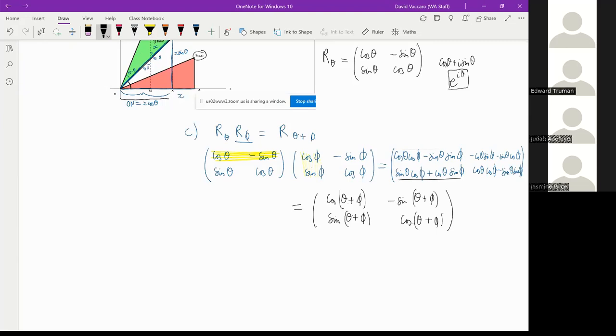But what do we have? We now have just our rotation matrix, but we have r theta plus phi. Can anyone give me a much simpler explanation for this matrix identity?